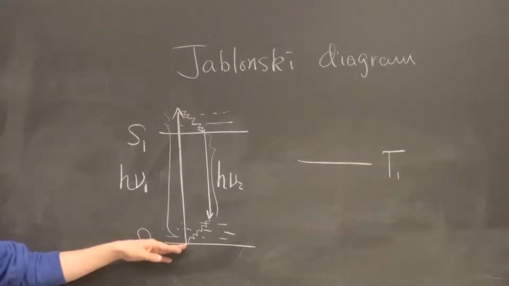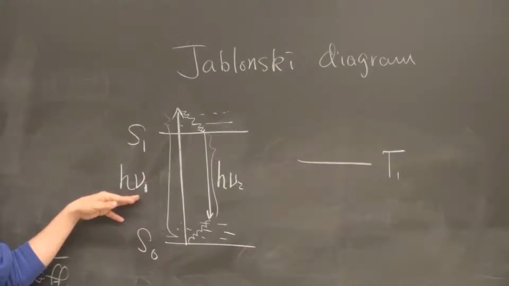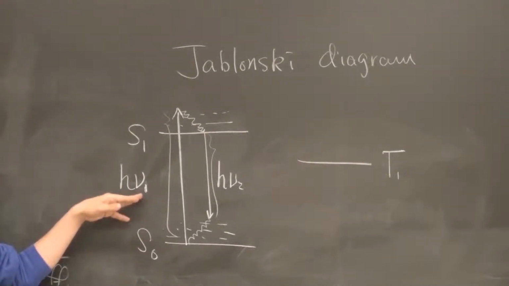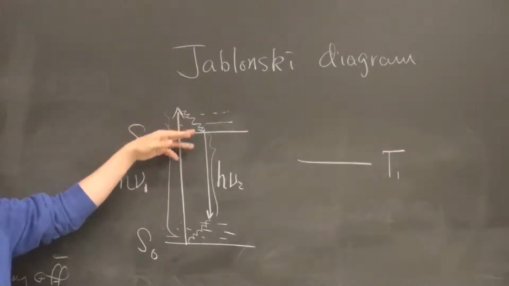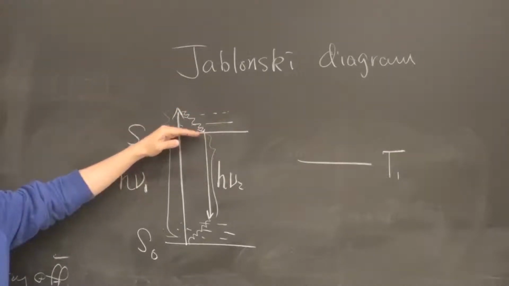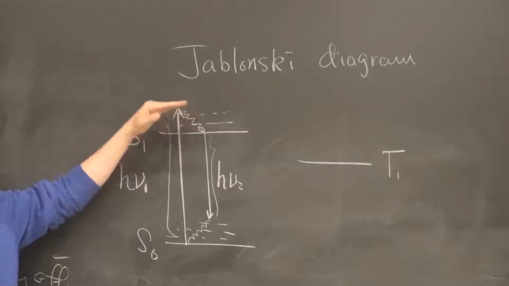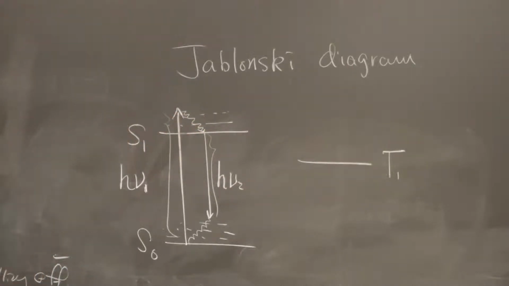So you start from the bottom of the ground state, and then you take up a photon of energy h times nu1, Planck constant times the frequency of the light, and it goes to somewhere on the excited state manifold, because in addition to the excited electronic state, you have additional vibrational and rotational states, forming essentially a continuum.